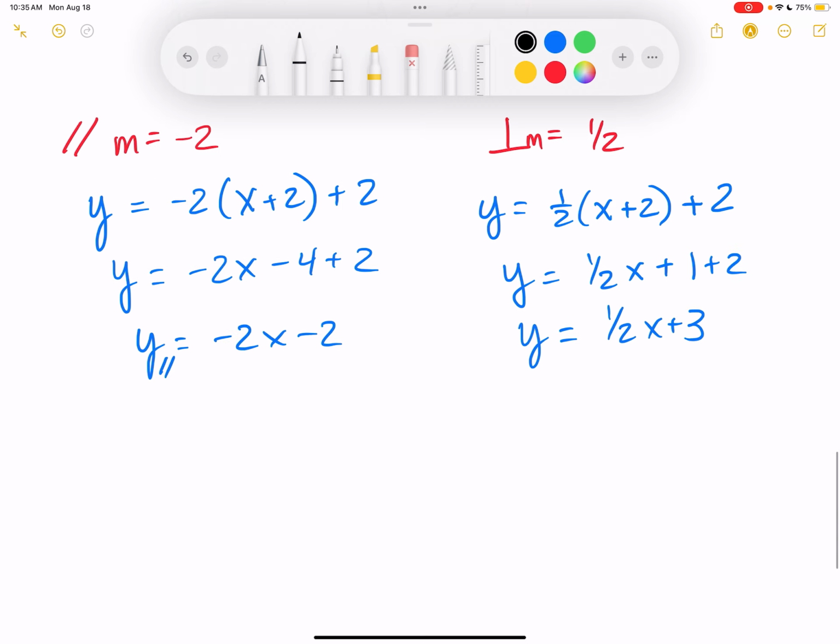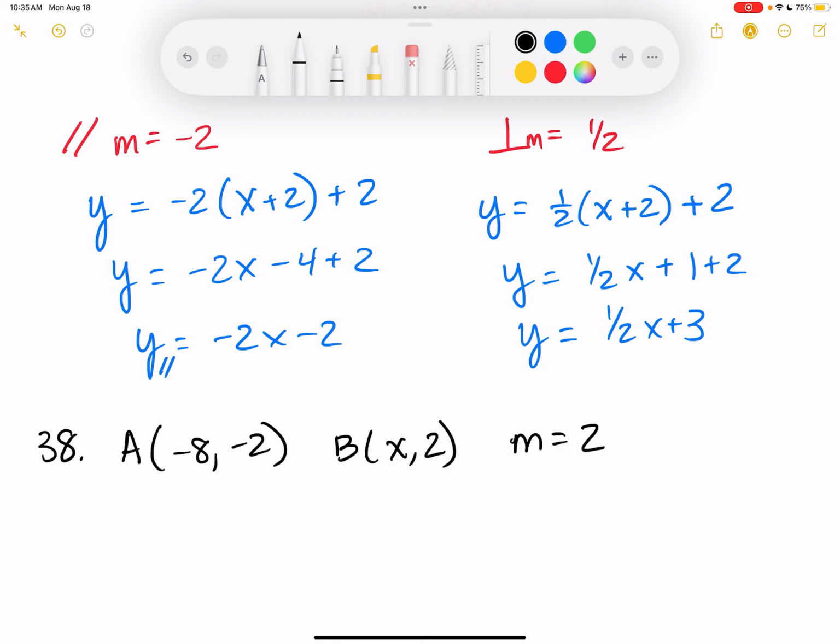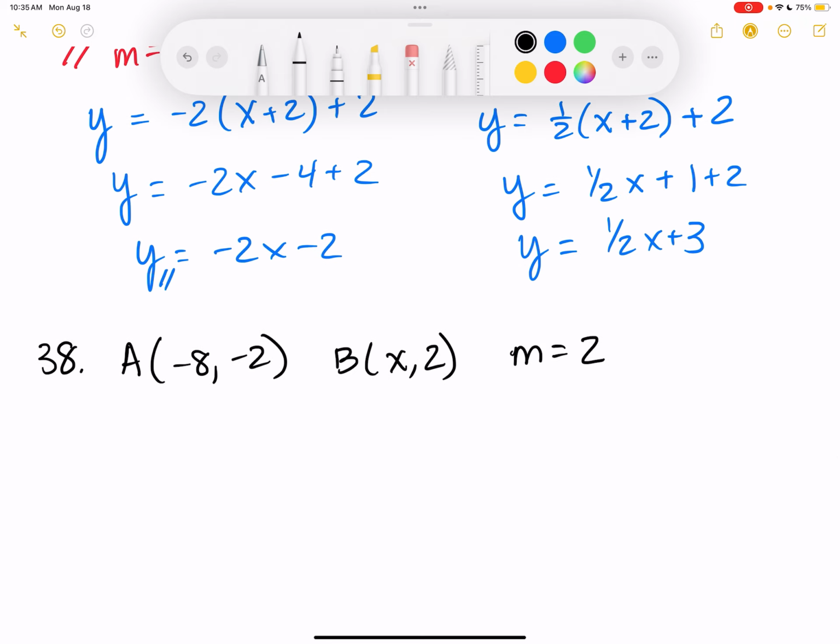So in 38, point A is (-8, -2), and then B is (x, 2), and the slope is 2. So essentially we're taking the slope formula and plugging in everything we're given here. Obviously x is getting plugged in for one of the 2 points, and we're just solving for that.